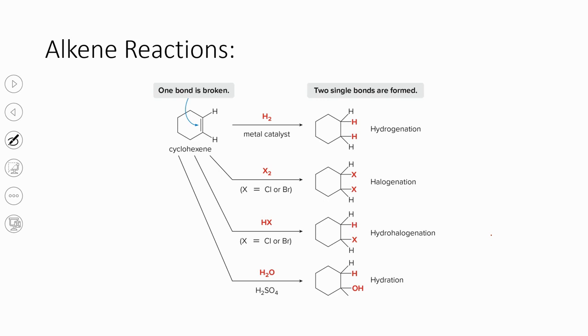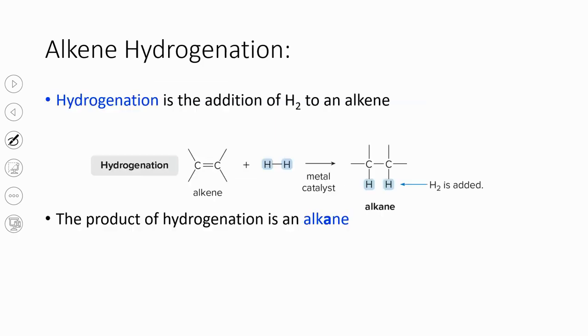Depending on what you're adding, it likes to add in certain spots. If there's a methyl group here, this chlorine is not going to want to be next to the methyl group. It'll add over here. So you can predict your products. A lot of organic chemistry is memorizing patterns about how things will add. Okay, so we have only two that we're going to look at in our class.